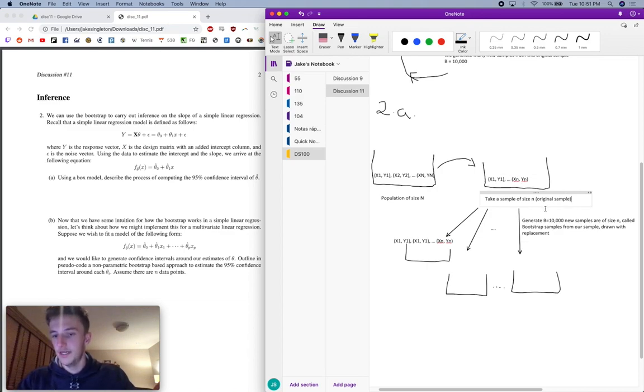This is our original sample, and these bootstrap samples must be of the same size as our original sample. So for example, we could get x2, y2, maybe x500, y500, and you can imagine there's little n number of these in this box.